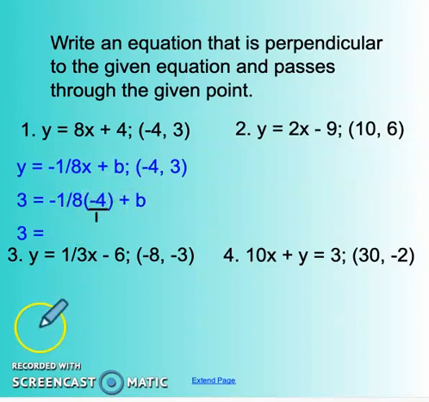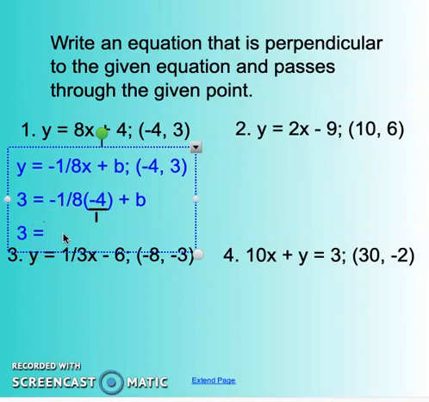And when I simplify that, first of all, I get a positive, because a negative times a negative is positive, and I would have 4/8. But 4/8 is the same as, exactly, 1/2, plus b. So now when you look at this, we have 1/2 plus something is 3 wholes.